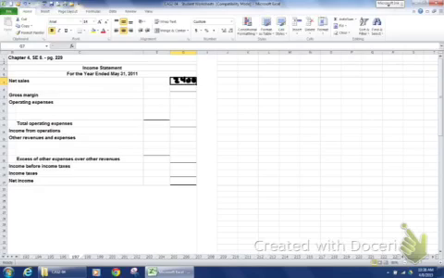And then our cost of goods sold is going to be $840. And the difference between our net sales and our cost of goods sold is going to be our gross profit or our gross margin.